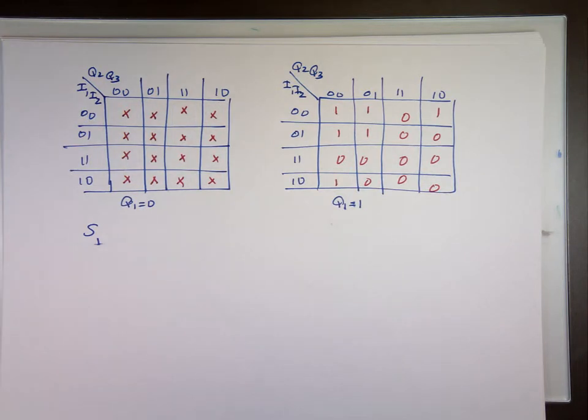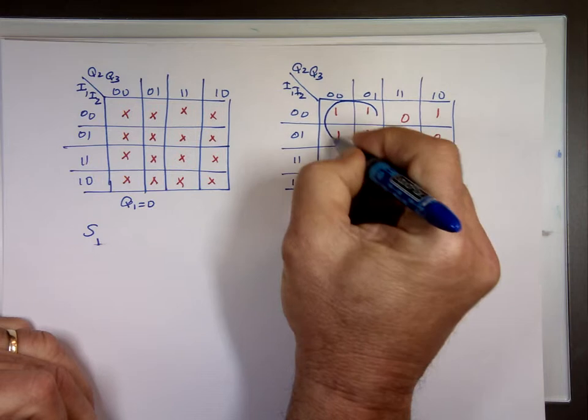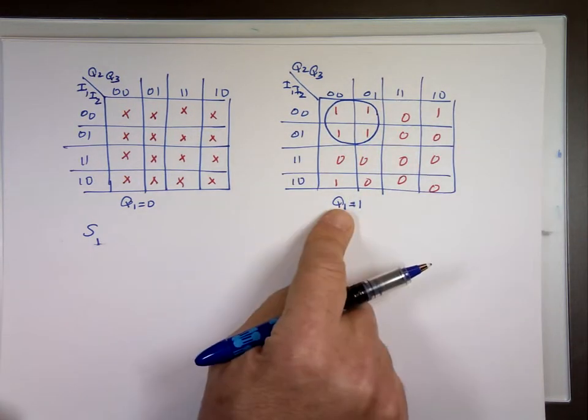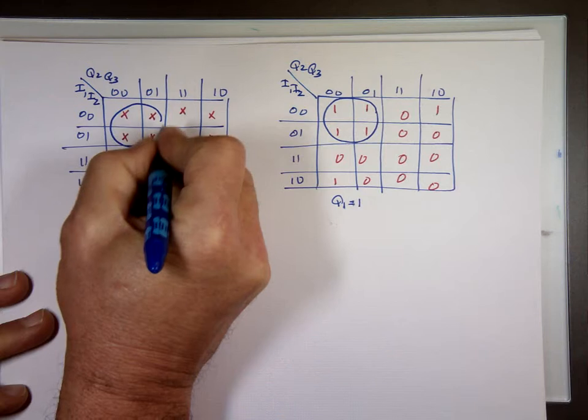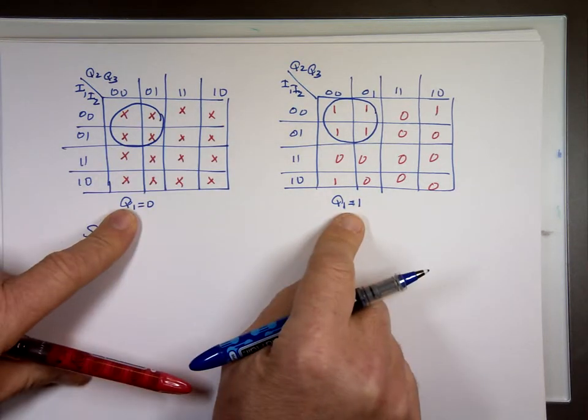So what I'm going to do actually, if I just take these 4 here, which is fine, but I'm going to have Q1 in it. But if I group it with this one, what happens to Q1? It's gone, because Q1 is changing.